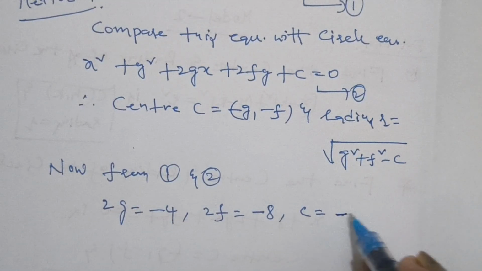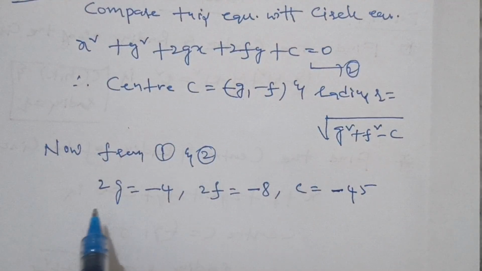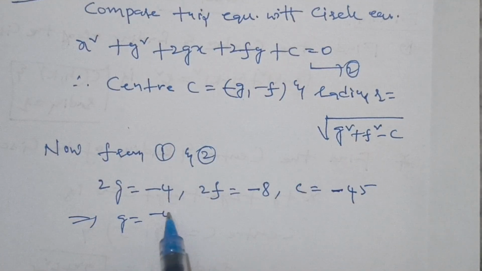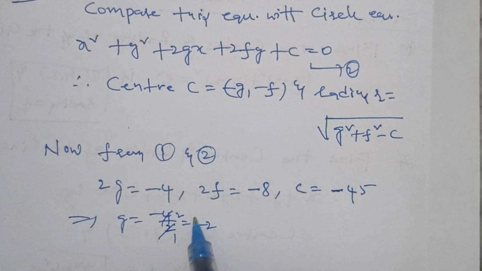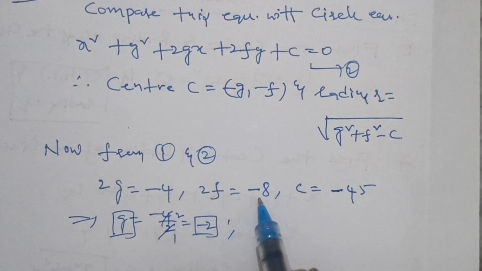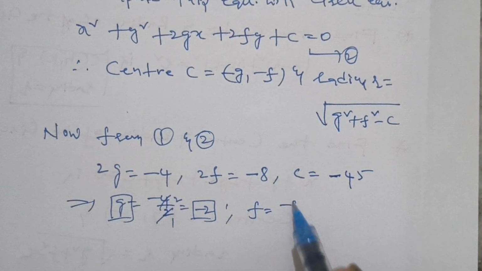The c value is the constant in our equation, c equals minus 45. So from this, we find the g value: minus 4 by 2, so minus 2. g is minus 2. Similarly, we find the f value: f equals minus 8 by 2.